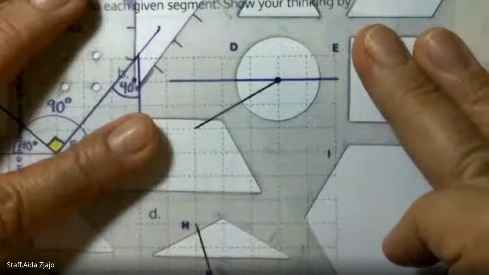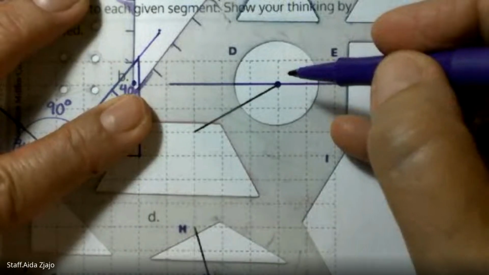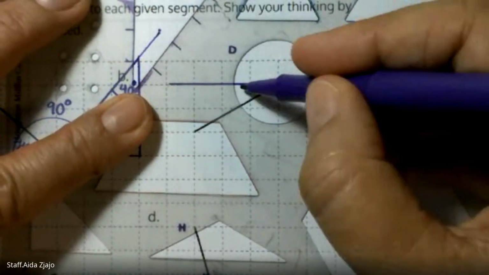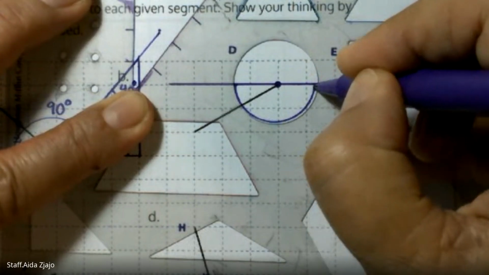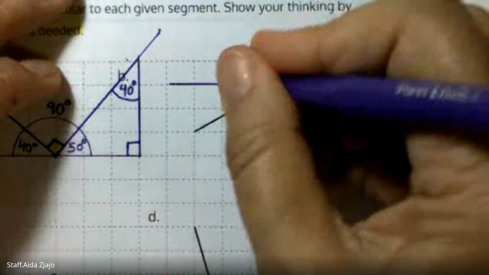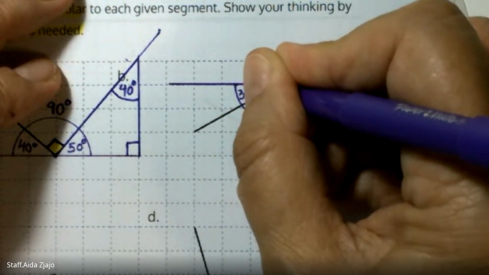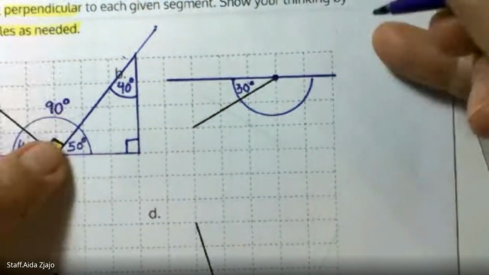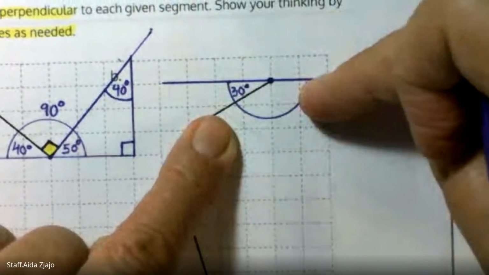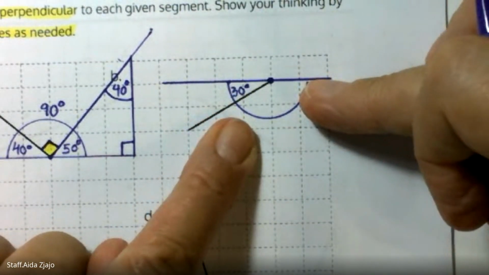So now I know if I take the same, let's see if this is that. I can create and say this is a 30 degree angle. So now I need 30 plus what will give 90.